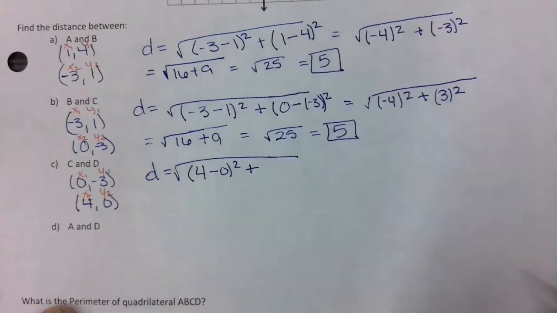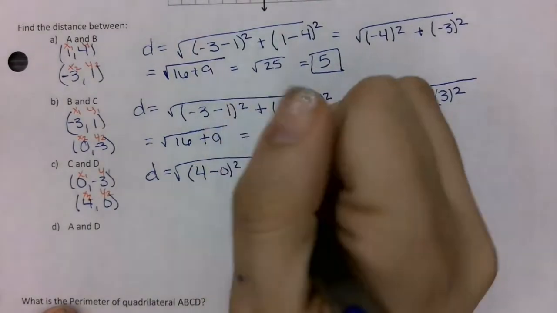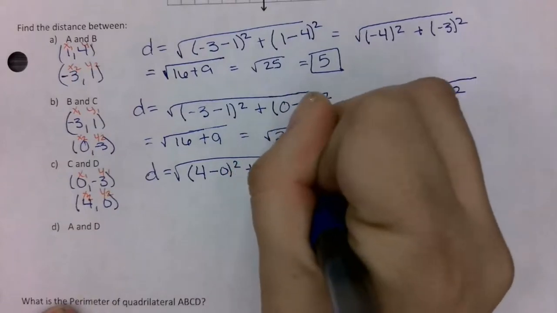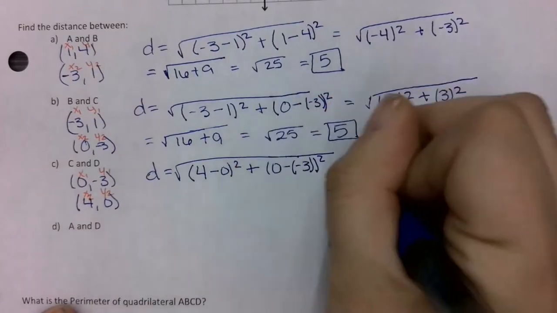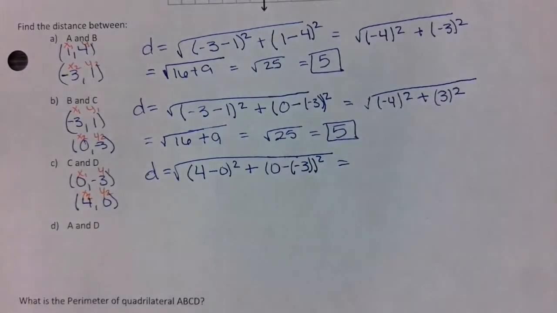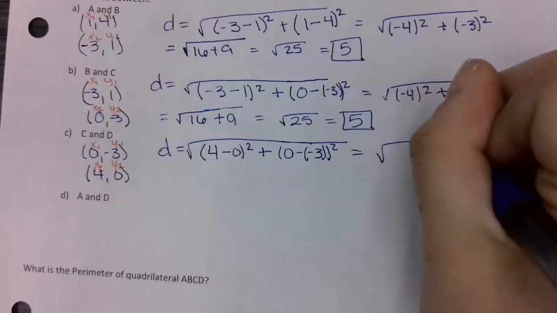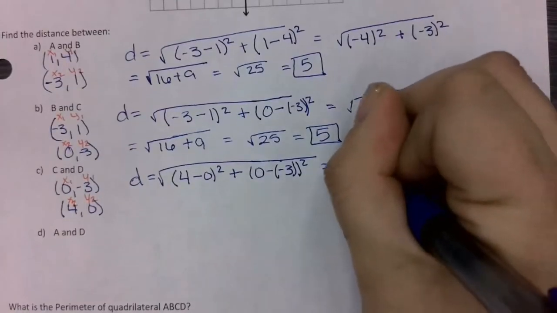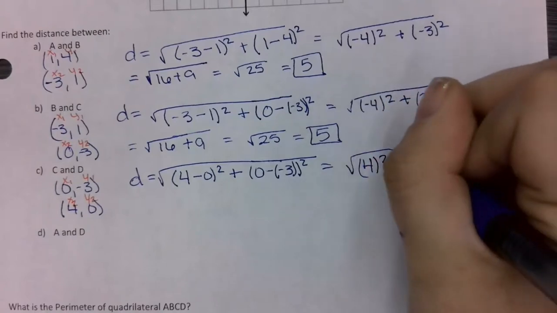What is y2? y1? Okay, what is 4 minus 0? 4. What is 0 minus negative 3?